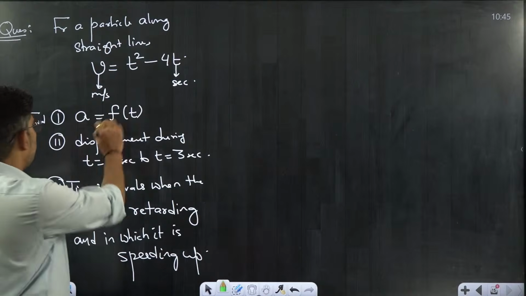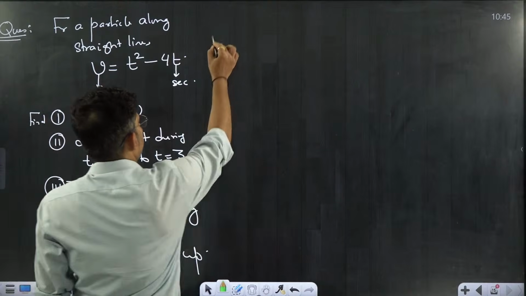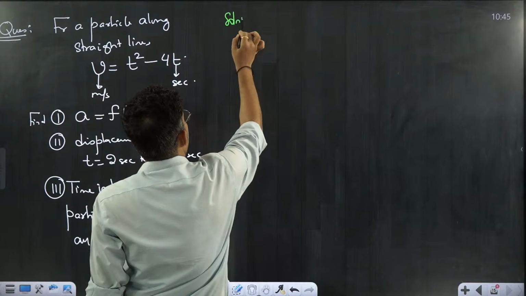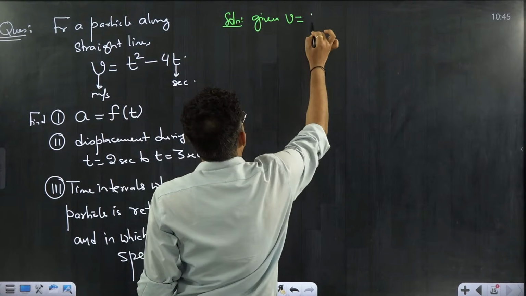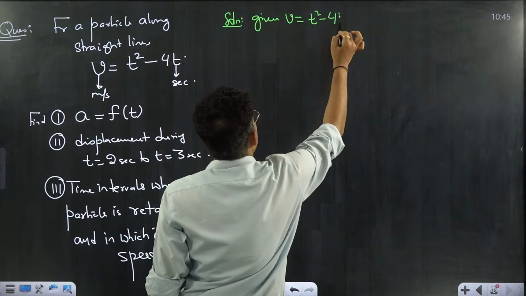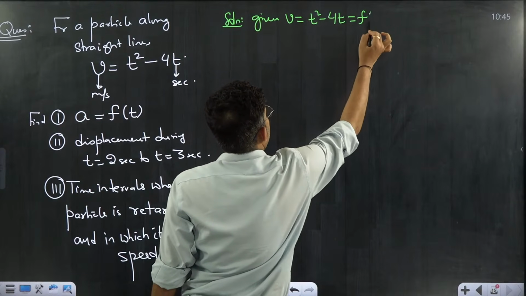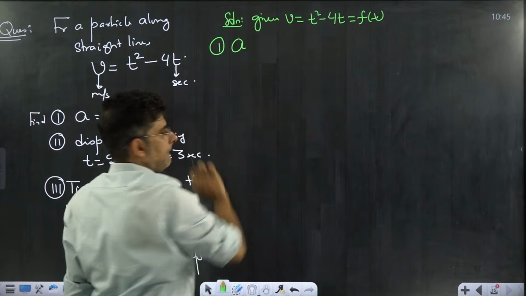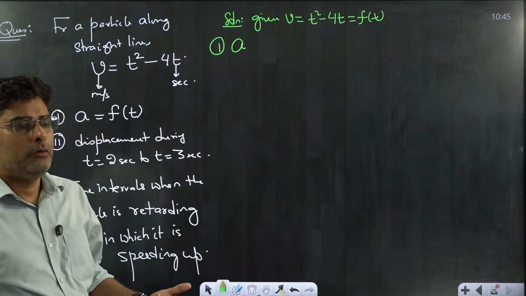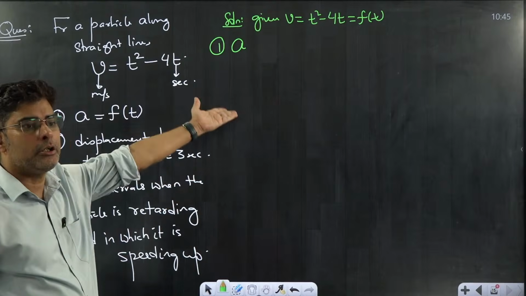Now see first thing. If I see the first part, what they have given me is velocity, t square minus 4t, as a function of time. So first part they are asking acceleration. So what do we know? Acceleration is found by integration or differentiation.